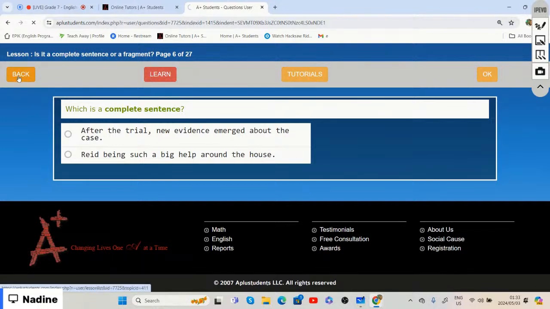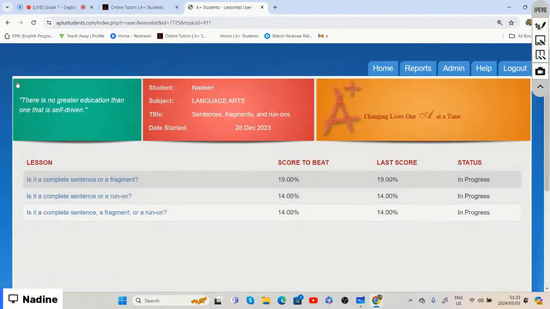All right. So we said that a sentence expresses a complete thought. It has a subject as well as a verb or predicate, right? And then we have a fragment, which is missing either a noun, a verb, or a helping verb within that sentence.